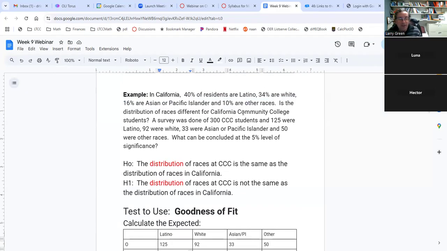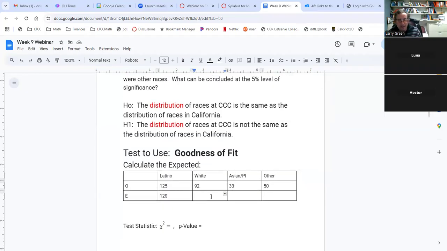Okay, we do the same thing for white. 34% are white, and 34% of 300. 34 times 3 is 102, and that's the expected white.